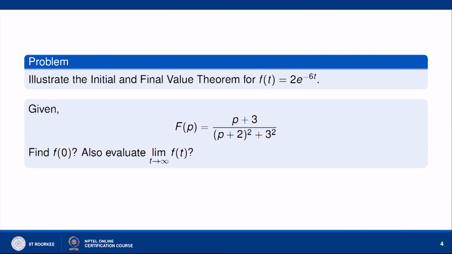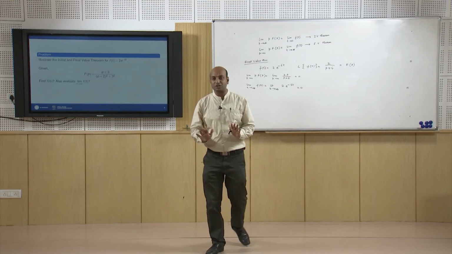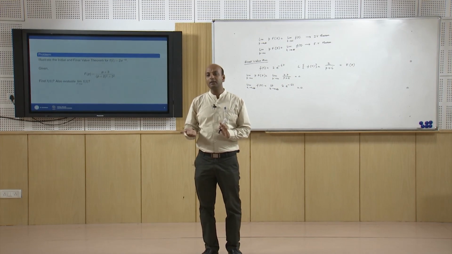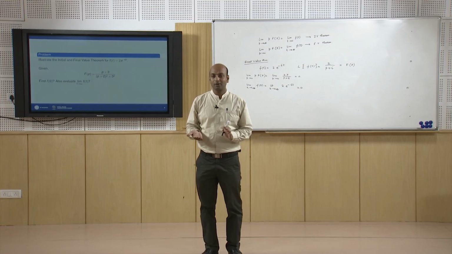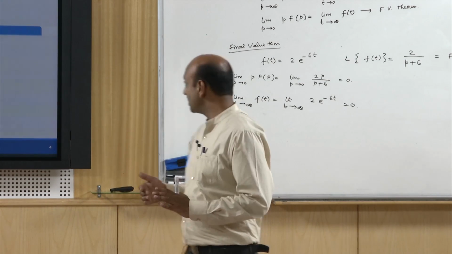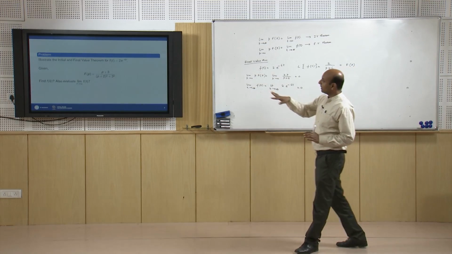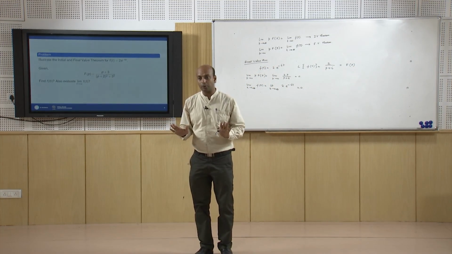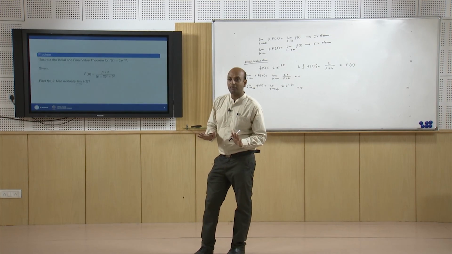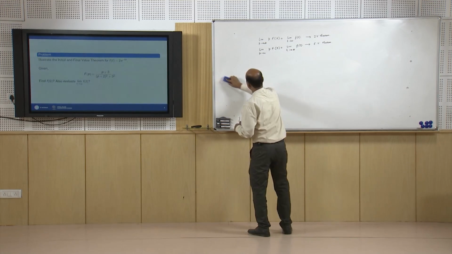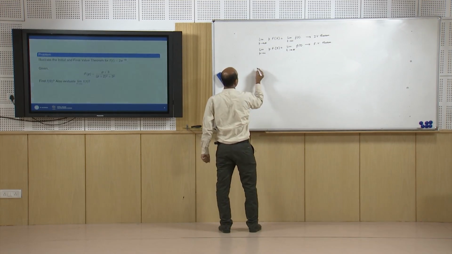So we already know F(p), which is the Laplace transform of some f(t). Now without finding the Laplace inverse, we can easily find what is f(0). How? Using the initial value theorem. Here we are assuming that the function is continuous at t equal to 0. Then only we can obtain f(0). So what is F(p) given to us for this problem?